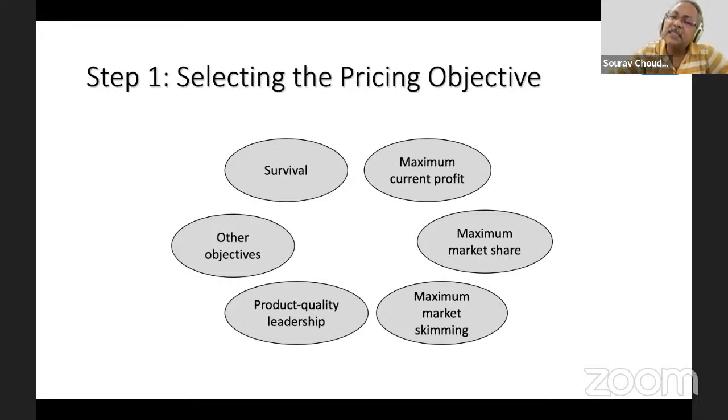What is the maximum price consumers can afford? Consumers' pocket will permit to buy the product, and there I make the maximum profit. मैं 20% profit अभी करता हूँ या 10% profit करता हूँ, I want to increase it to 20%. I will just check whether my customers can afford that product, whether my customers are ready to buy the product. So maximizing current profit is a very, very big pricing objective, a basic pricing objective.